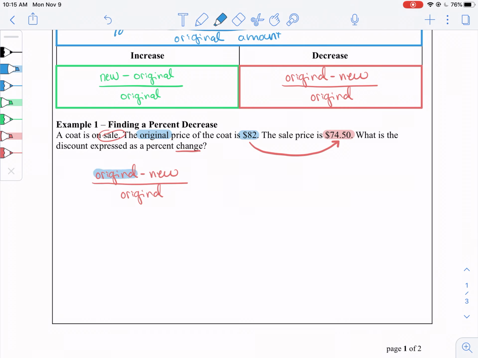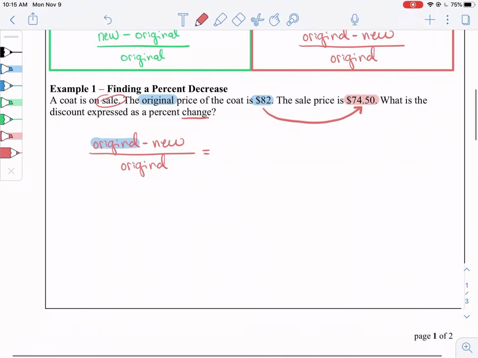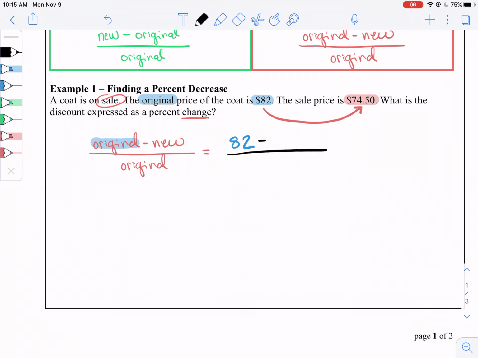So what is our original price? Well, the original price was $82. Over the original, we're going to subtract our new price, which is $74.50. We can do 74.5 because it's faster.